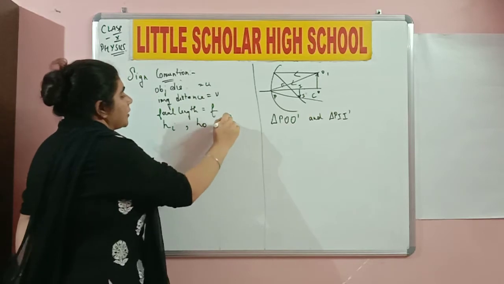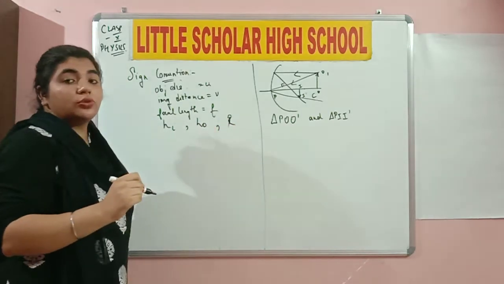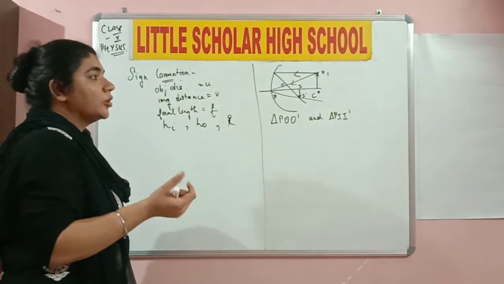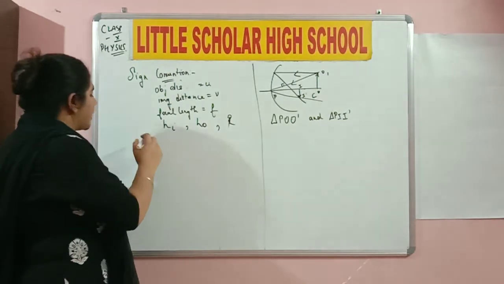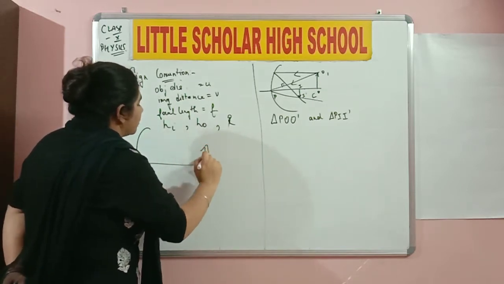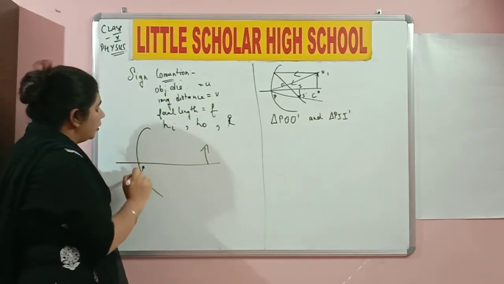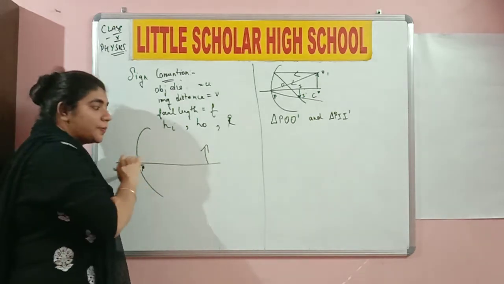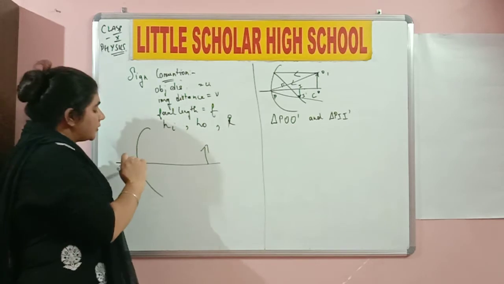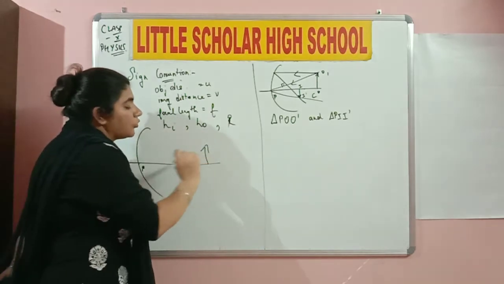Radius is denoted as R and all these things. So you need to give a certain sign to all of them, like positive or negative, depending upon how they are placed. For example, okay, if this is the concave mirror and this is where my object is being placed and this is the pole, all the distances should be measured from the pole. Okay, that is your first rule. All the distances should be measured from the pole.